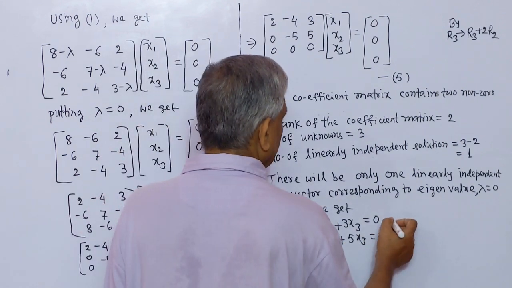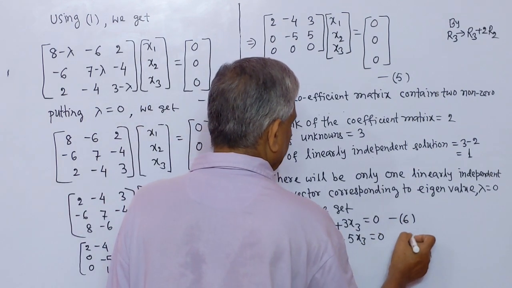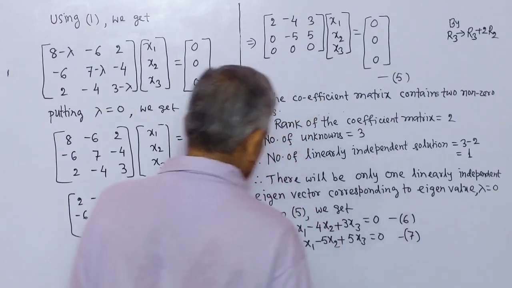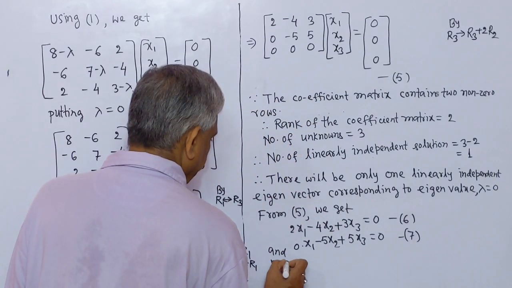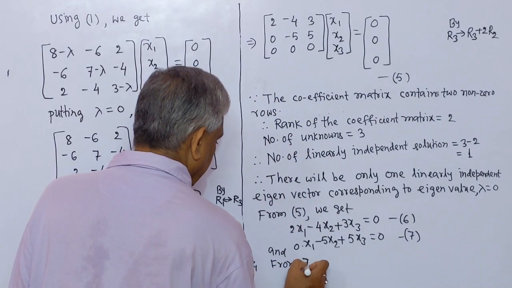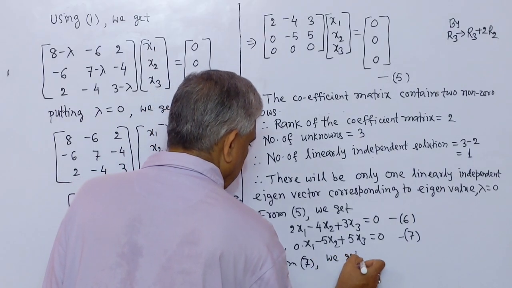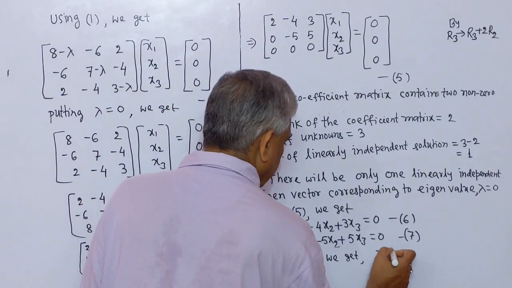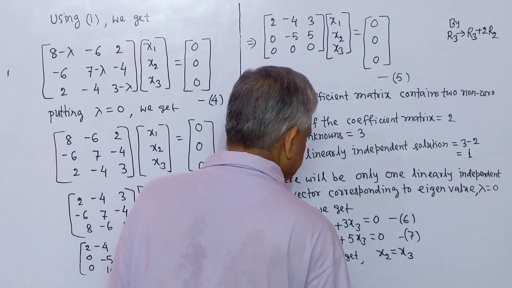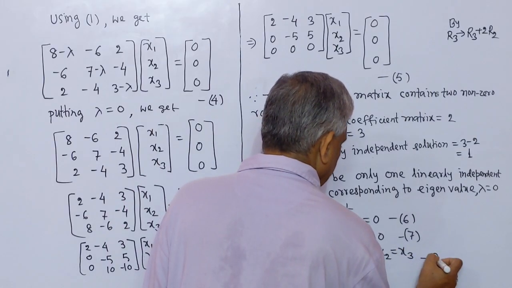This is number 6. This is number 7. From 7 we get x2 equal to x3. This is number 8.